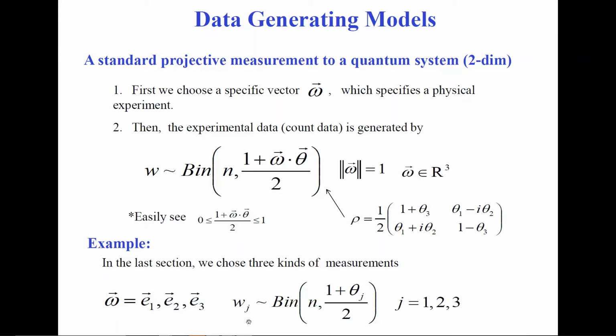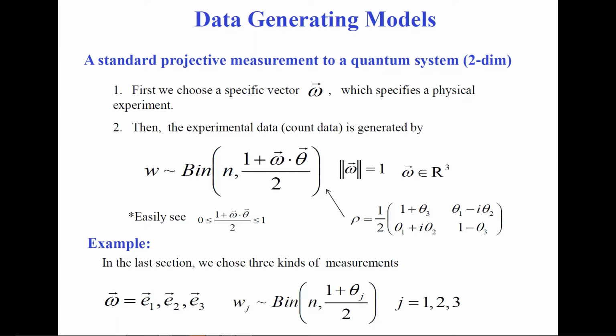Each W is distributed according to a binomial distribution, with success probability 1 plus theta j over 2 for each j. So we obtain W1, W2, W3 as measurement outcomes. We can easily estimate the parameters theta1, theta2, theta3.